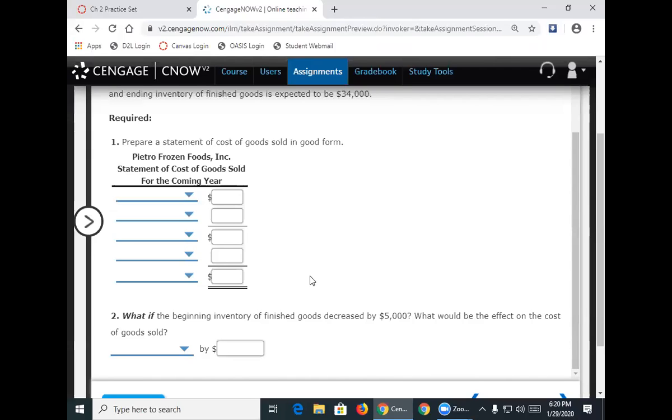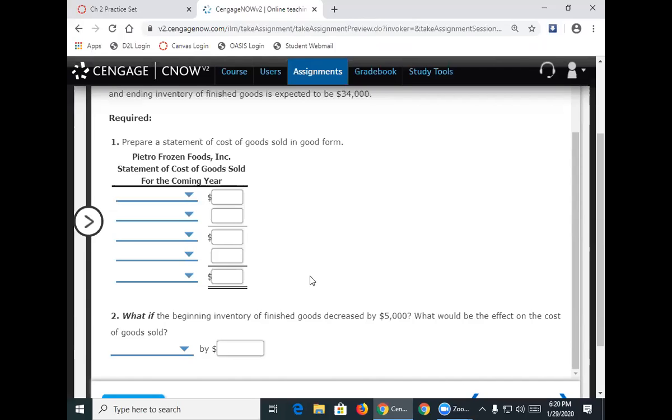Okay, so we're just balancing the finished goods account. So again, on this one, because our numbers are the same from the statement of goods manufactured, we already had this number. On your homework, you're going to have to calculate cost of goods manufactured before you can do your statement of cost of goods sold.